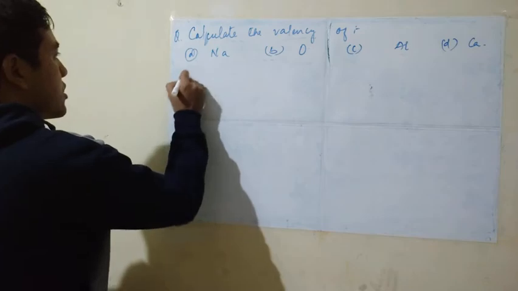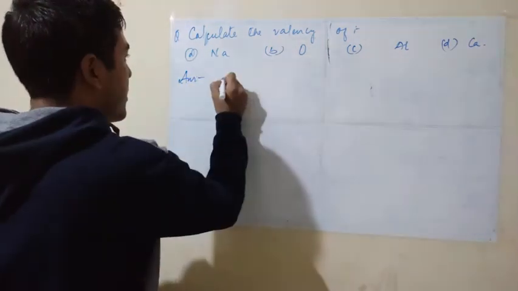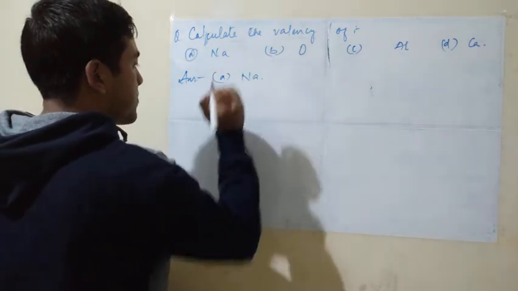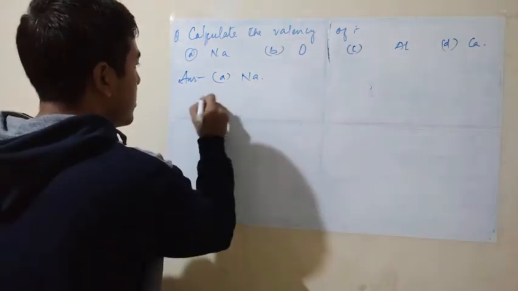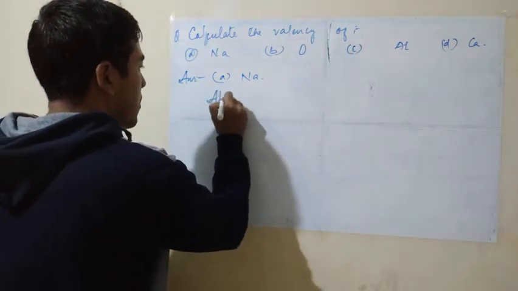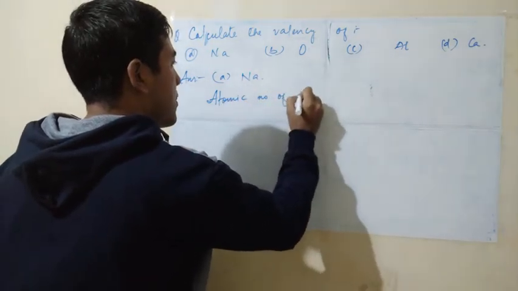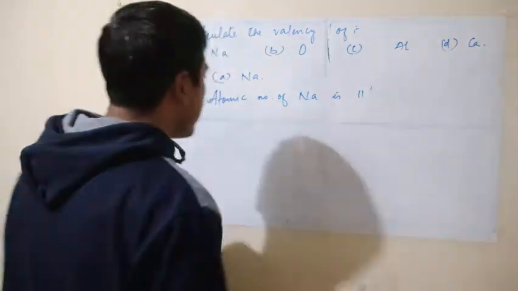First, number 1 answer, number A, sodium. The first and most important part is the atomic number. Atomic number of sodium is 11, right?